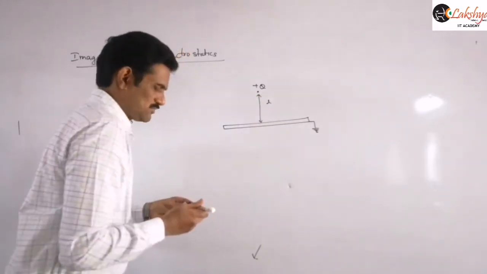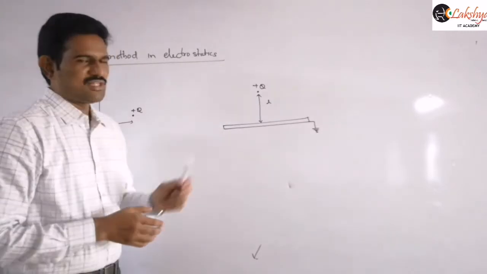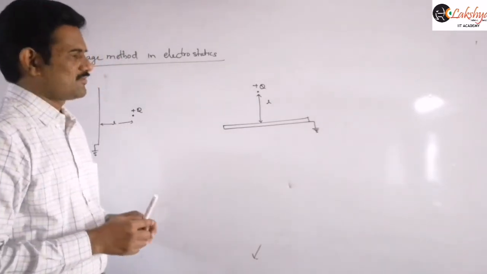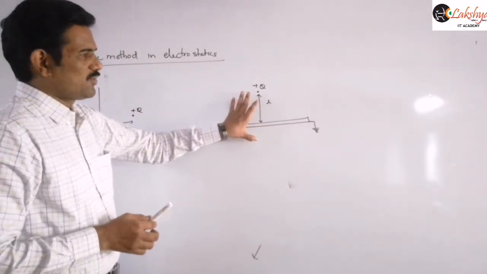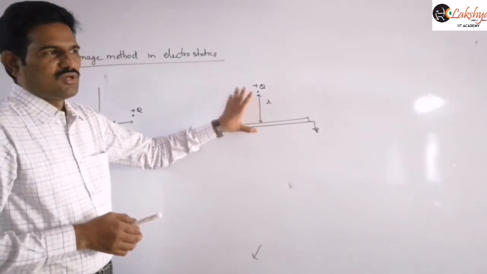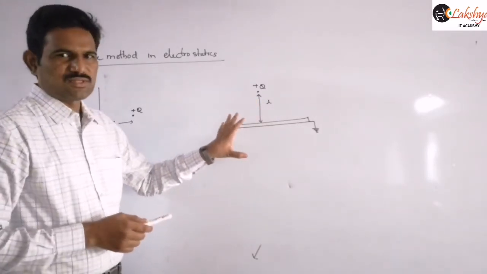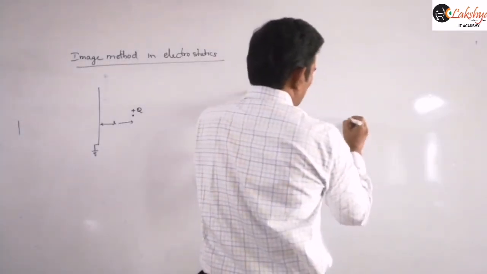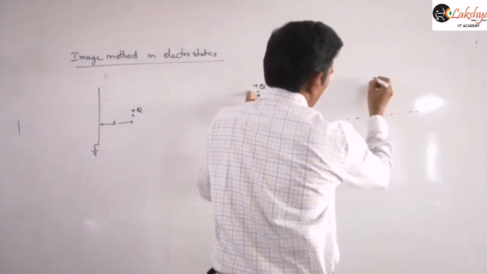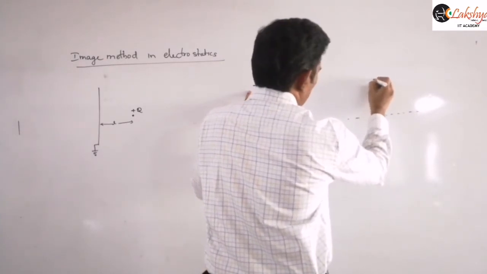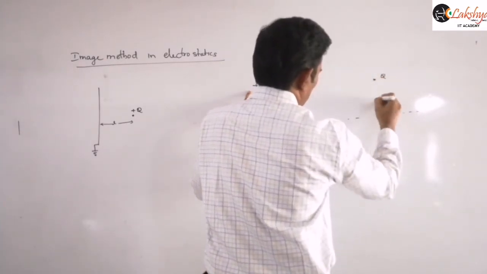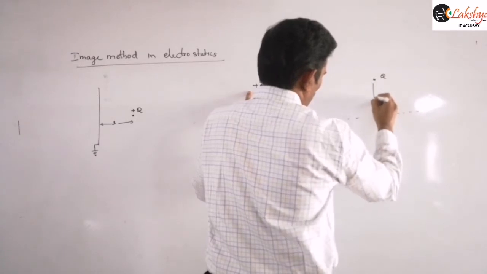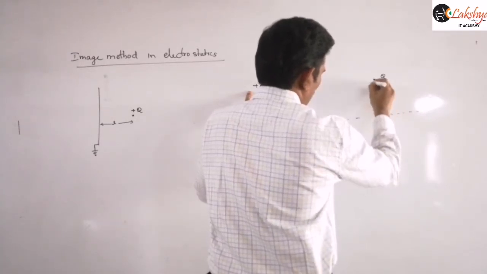So now in the image method, if you want to apply it for this configuration, we have to replace this given system with the given charge configuration, whatever the given charge is, at the same location, that means at L.